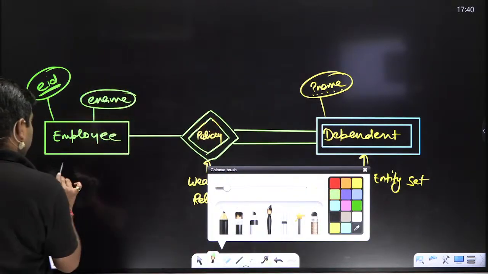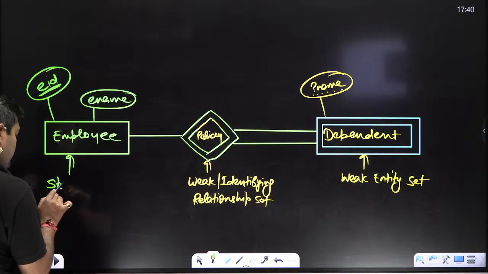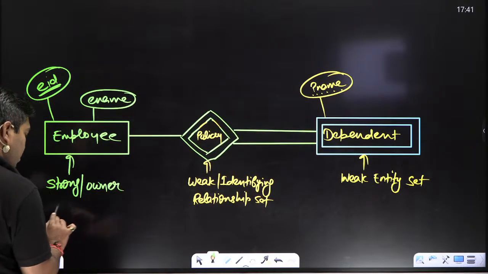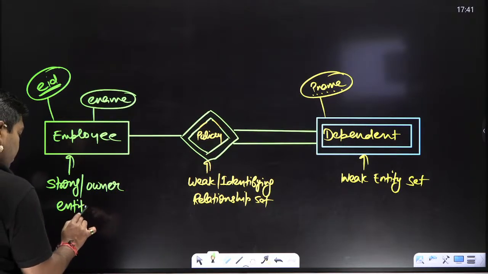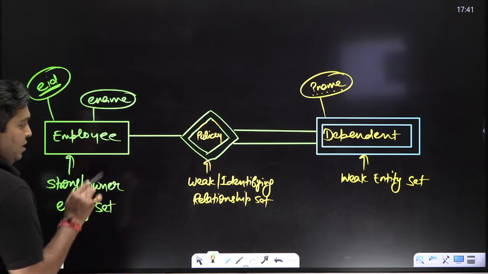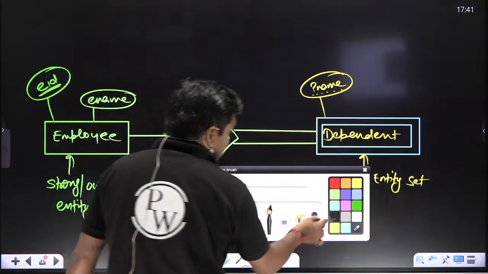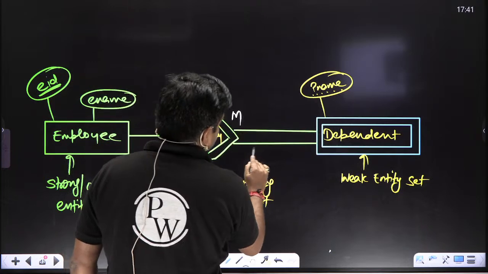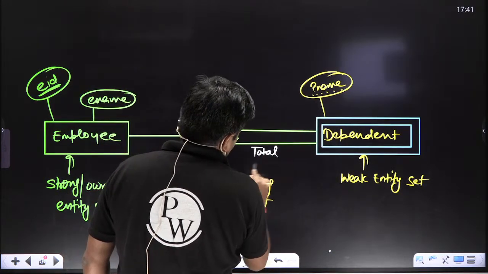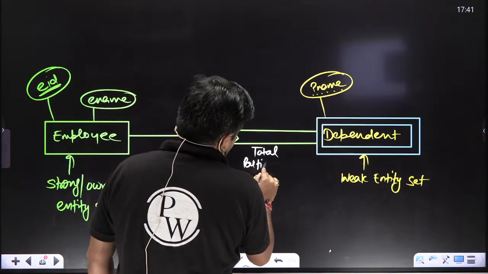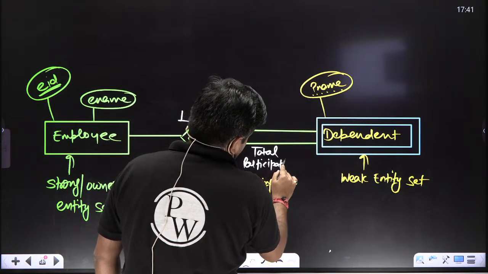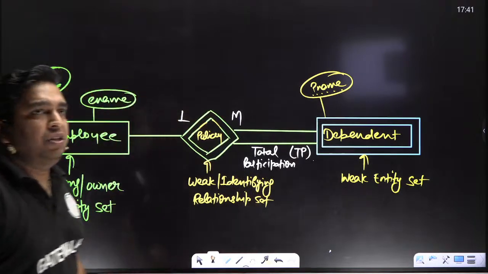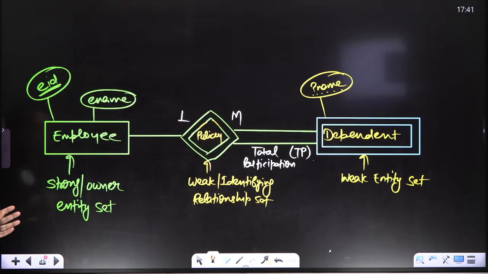This is called the strong, the owner entity set. The cardinality ratio is one to many, and here total participation is required. These are the concepts of strong and weak entity set.